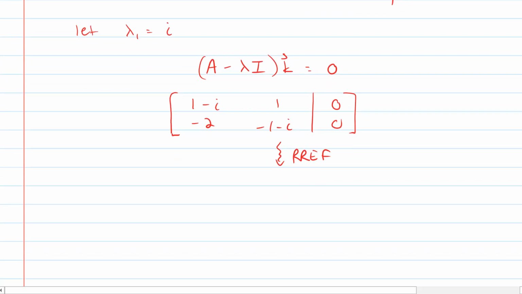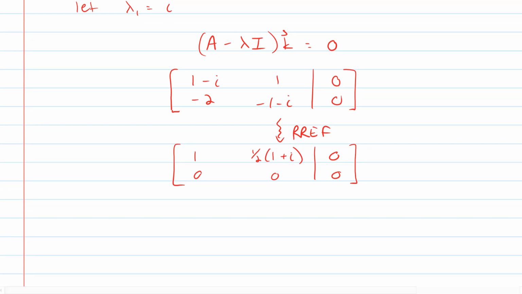If we REF it, actually the easiest way to go is to swap the two rows. And then take the bottom row, which is now on top, and divide by -2 everywhere. We get 1 and then 1/2 times 1 plus i, and 0, and then the bottom row just becomes all zeros. Then y is our free variable, so we're going to let y equal t.